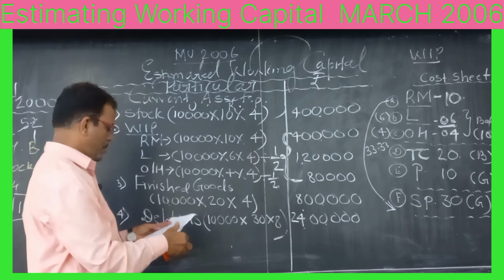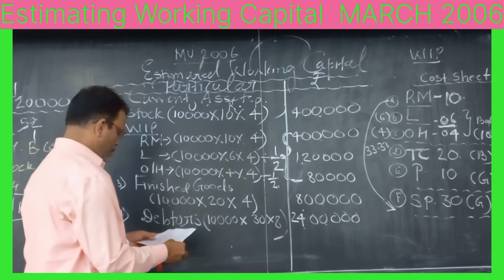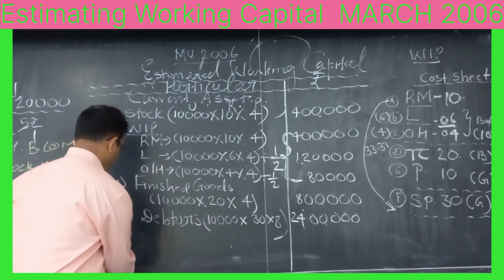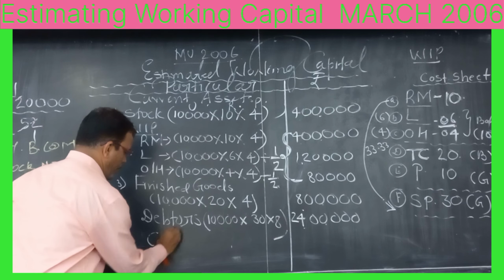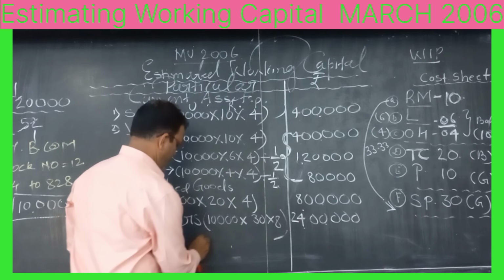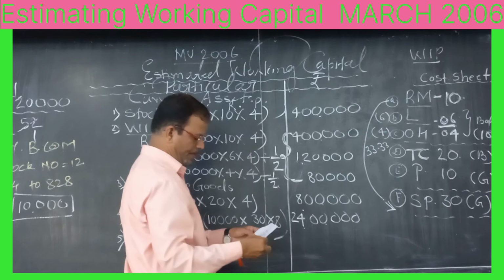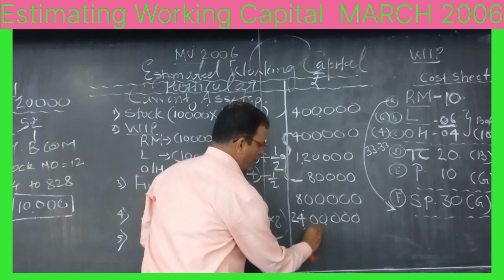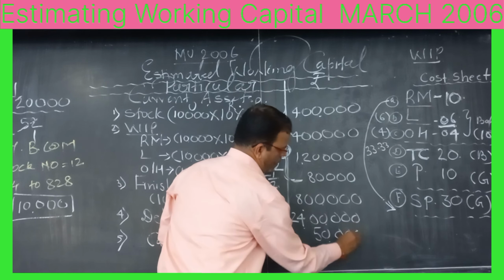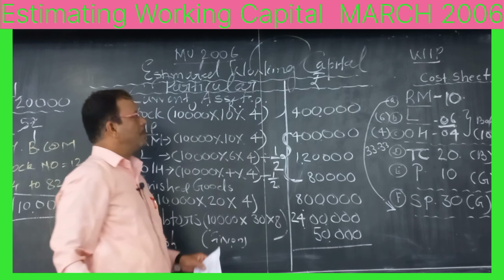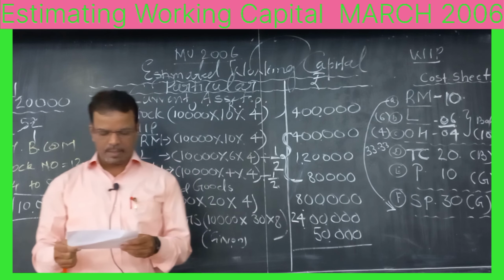After debtors, we will take the cash. Cash is already given in the question: 50,000. Now, this is all about the current assets.